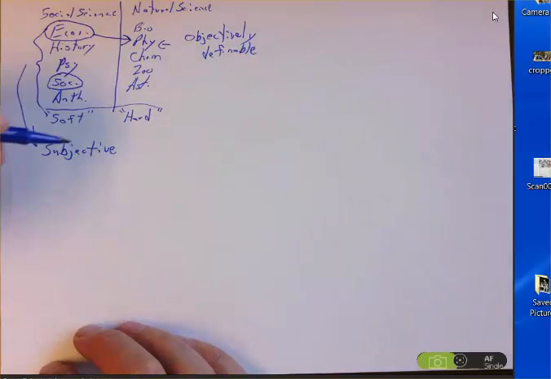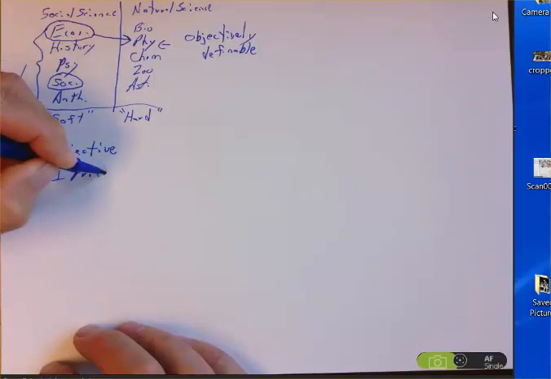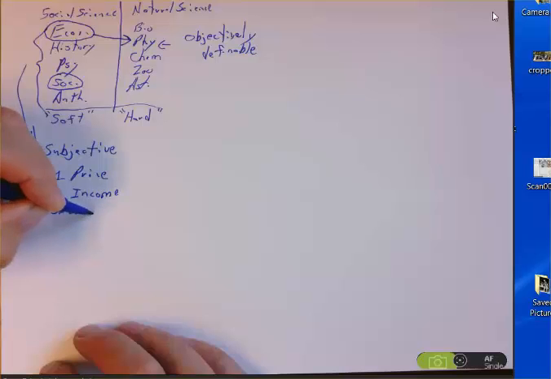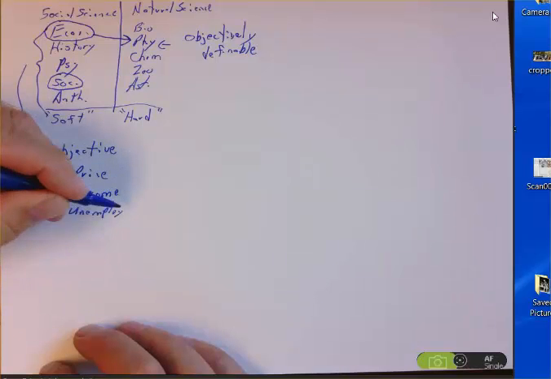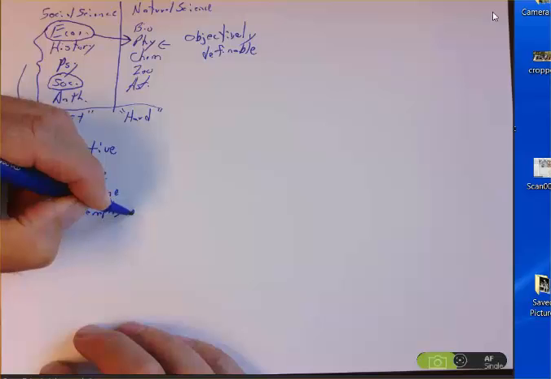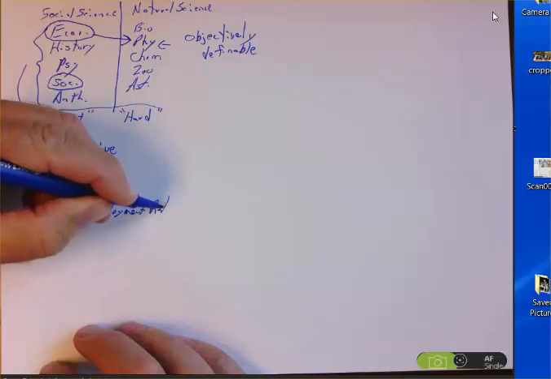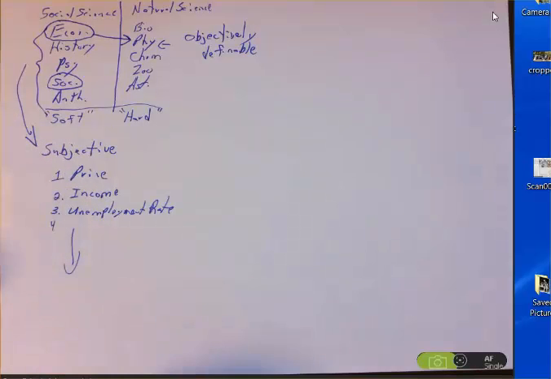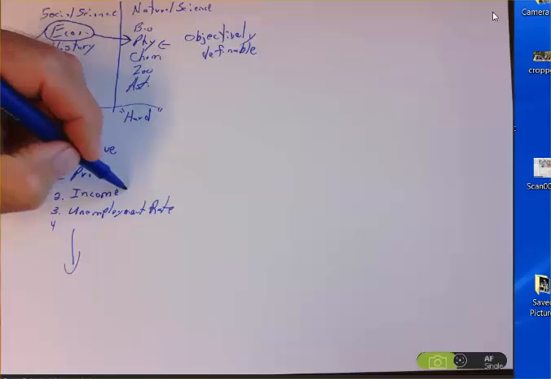If you think about the variables that we study in economics, there are things like price, income, unemployment rate, and the list just goes on and on and on. GDP, the value of the stock market, and so forth. So the variables that we study in economics look objective, don't they?